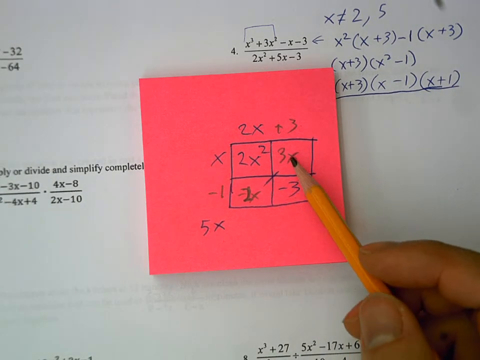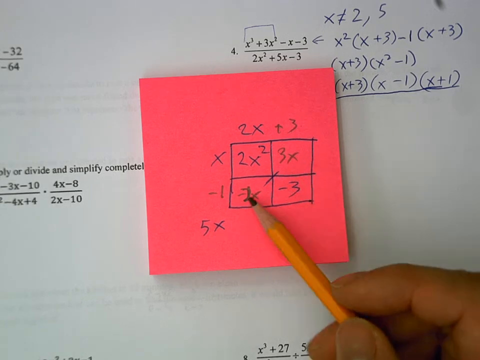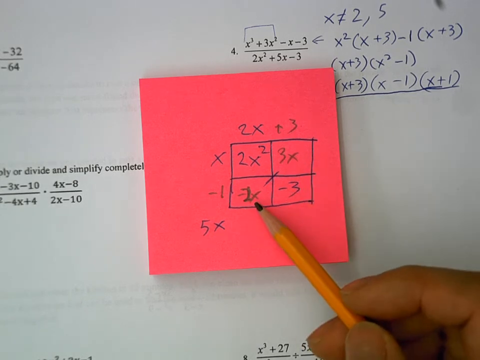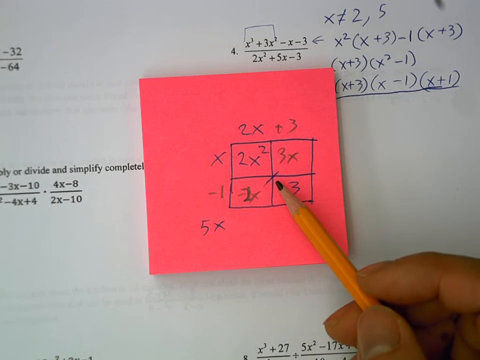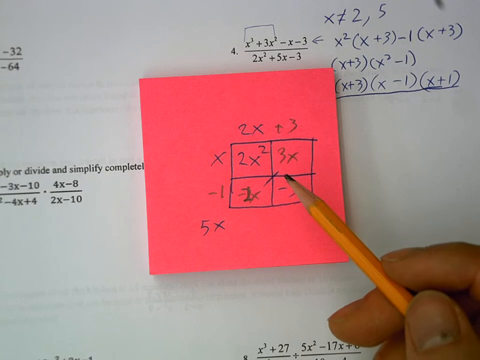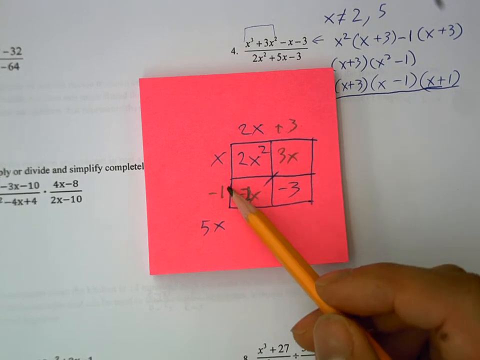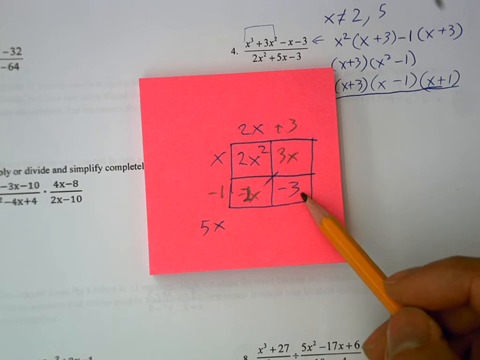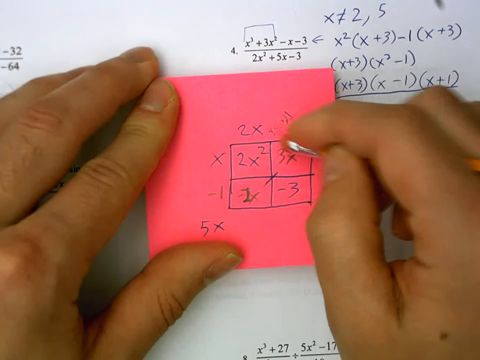But because one of them is going to be positive, one of them is going to be negative, this is not going to work. I'm going to get 1x, and there's no way for me to make it work by switching signs, right? If I switch the signs, I'll just get a positive or negative 1x. And I can't make this one positive and this one positive, because then this isn't negative 3 anymore. So let's try switching the places.